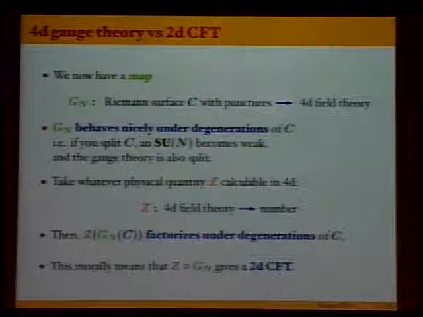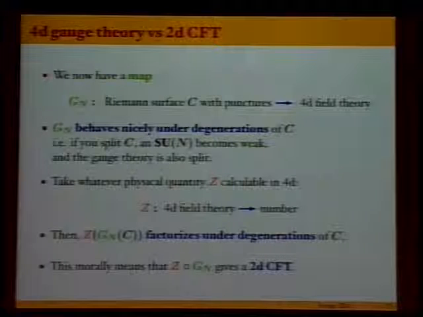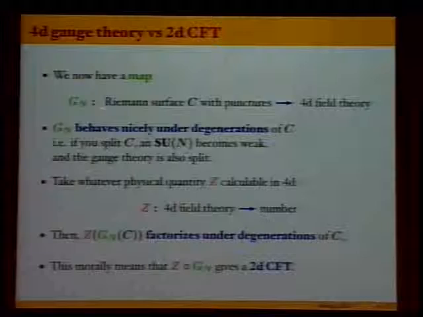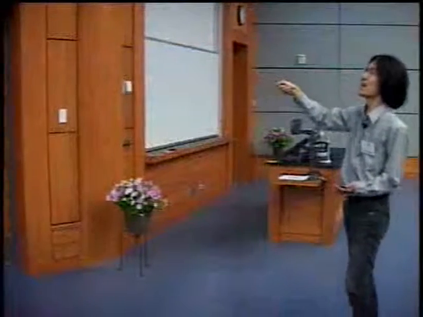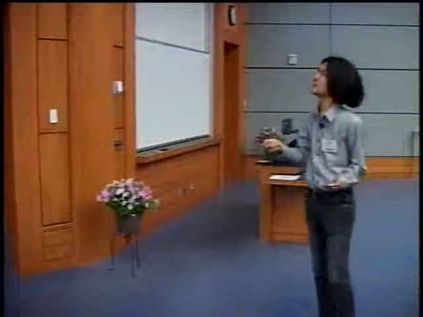So it's a strange map which maps a given two-dimensional object into a 4D gauge theory. And the nice thing about this map, which I call G_n in the case where you wrap n M5-branes, is that this map G_n behaves very nicely under degenerations of C.